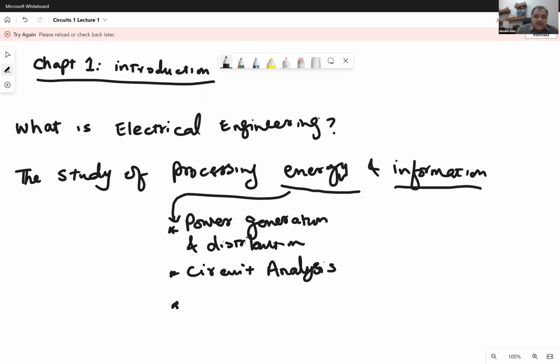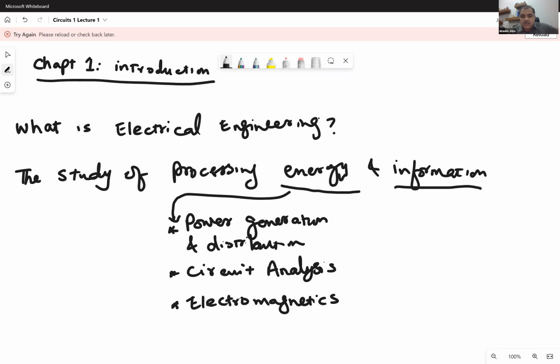Then another area is electromagnetics. A lot of electrical machines follow these principles.